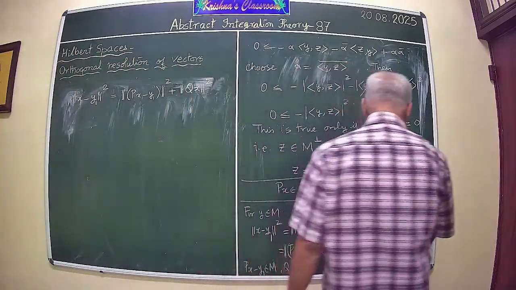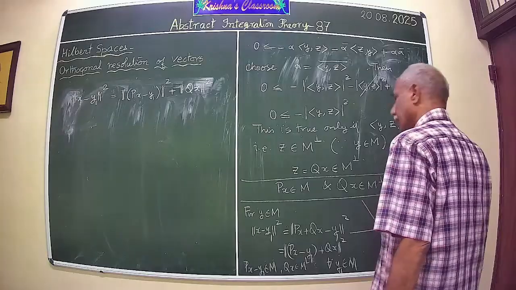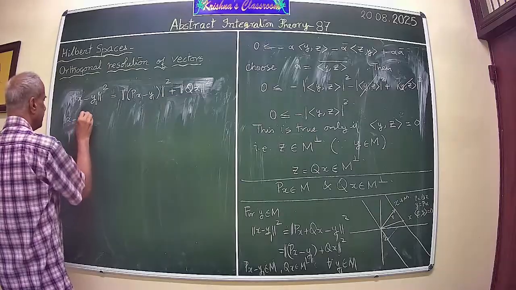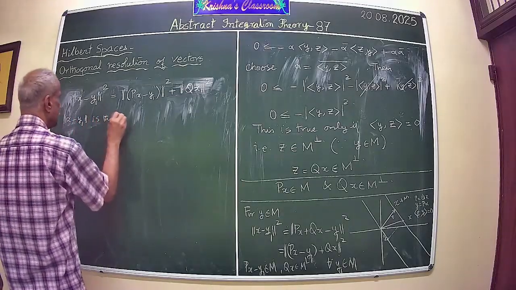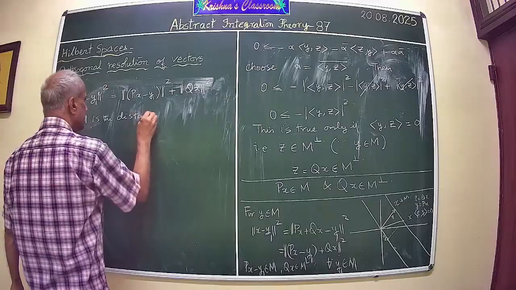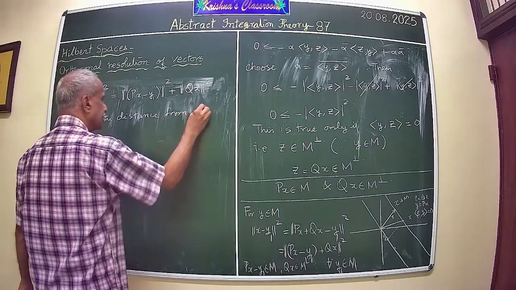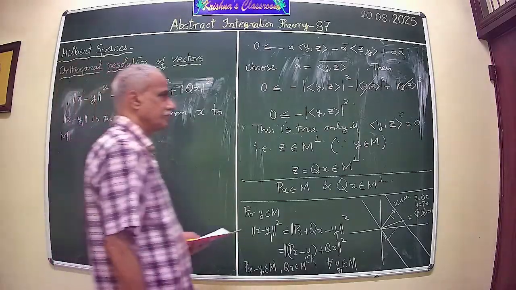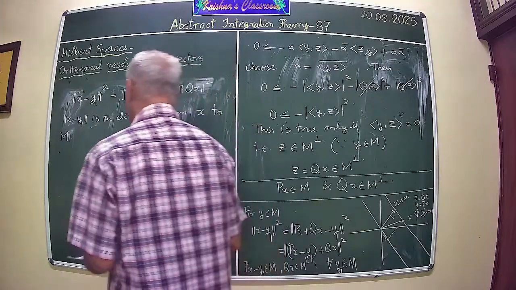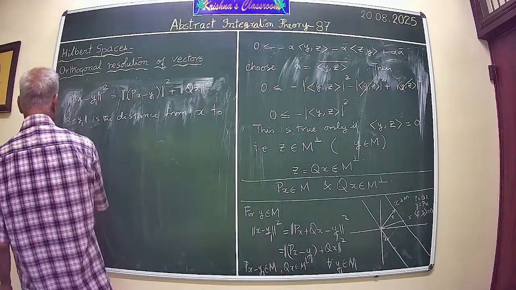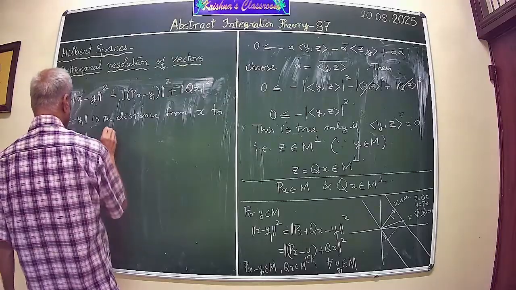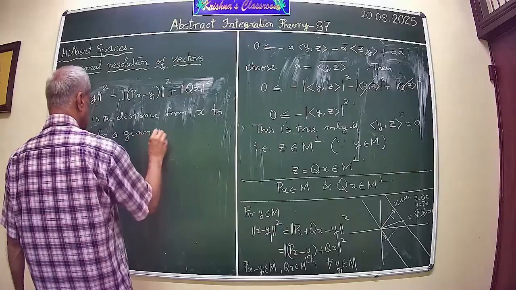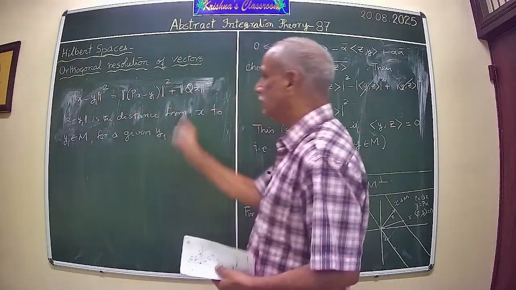The norm of x minus y1 is the distance from x to y1 belonging to M, and when is this distance minimized?